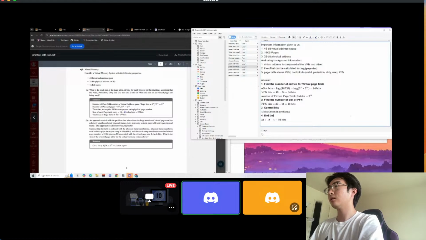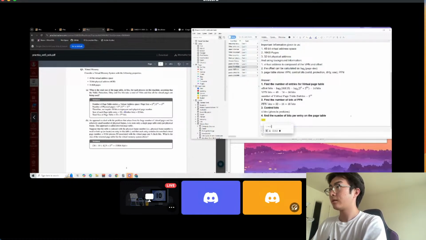So find the number of bits per entry on the page table. So bits per entry is equal to physical frame number bits, then we add control and other bits, which is equal to 18 plus 4, which is equal to 22.